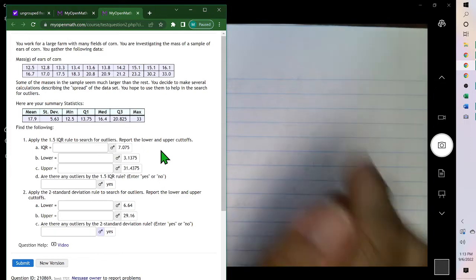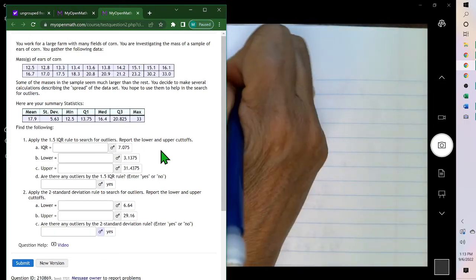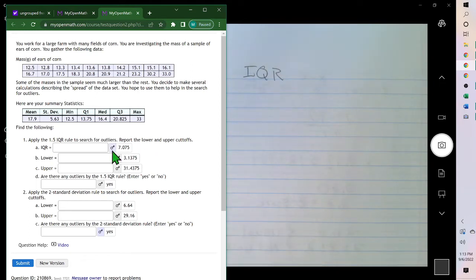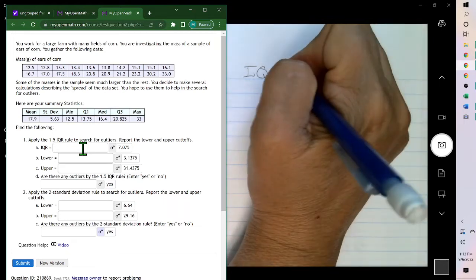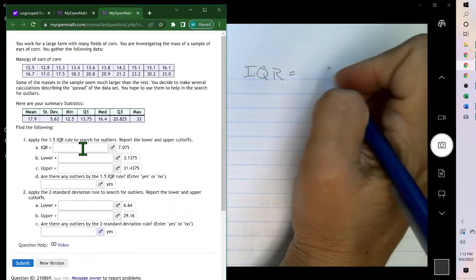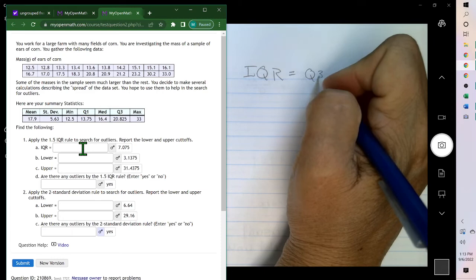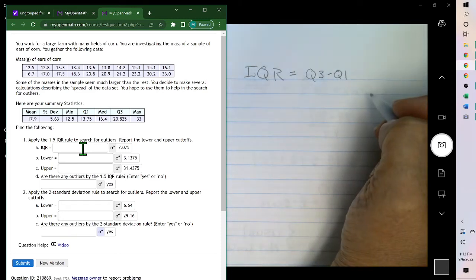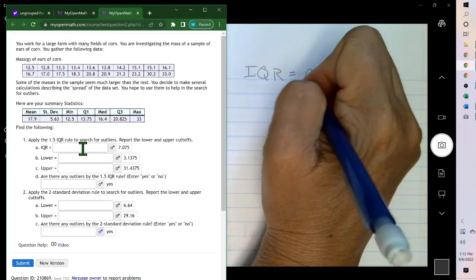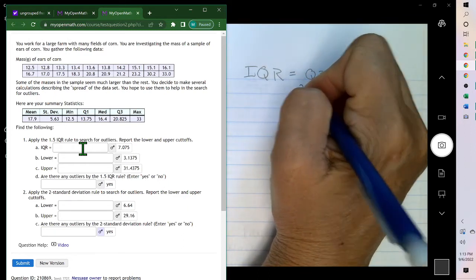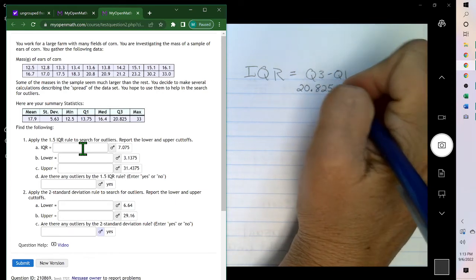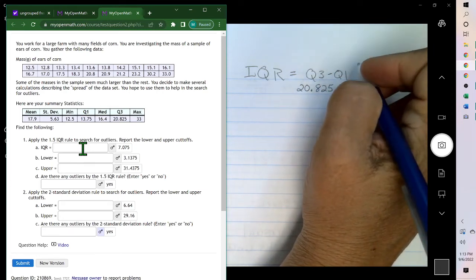The IQR is, well, we need to find that first. The IQR is Q3 minus Q1. So in this problem, Q3, 20.825 minus Q1, which is 13.75, and this is just from the bottom table.